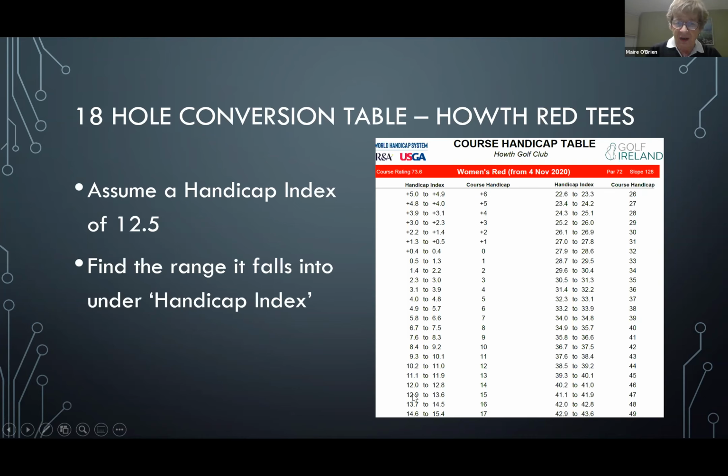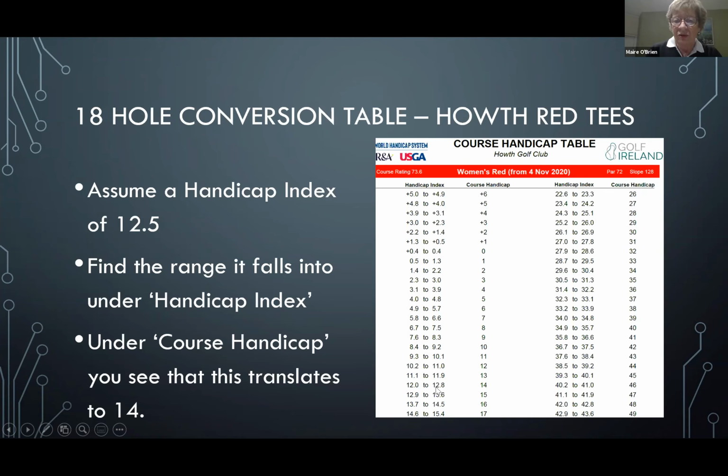So 12.5 will fall into a range 12 to 12.8. And under course handicap, you see that that equates to a handicap of 14. So if you happen to go to any club around the country, around the world, and you know what your handicap index is for that course that you are playing, you can then determine what course handicap you can play off.